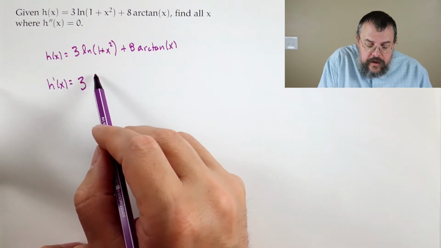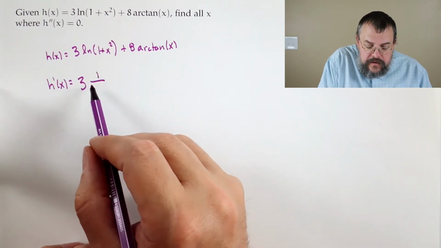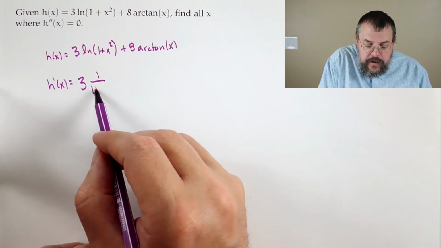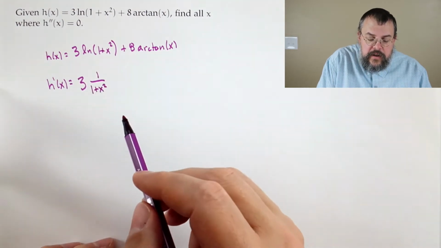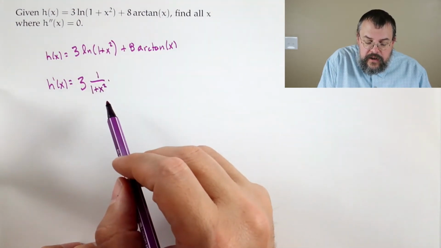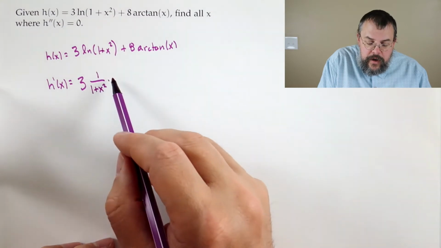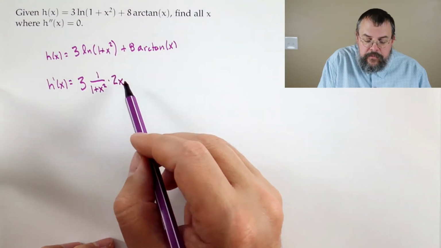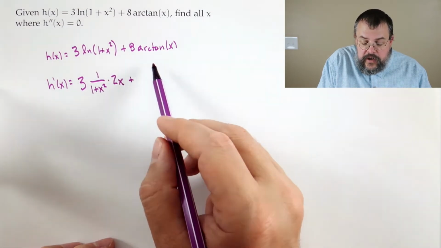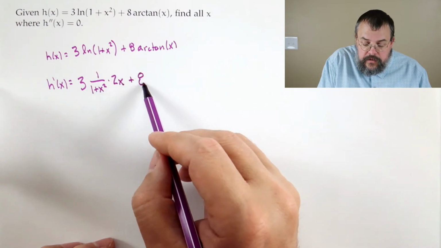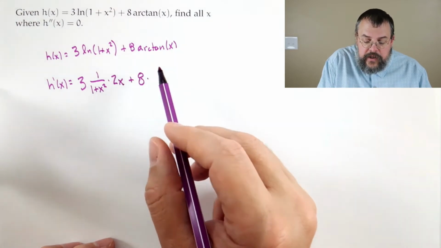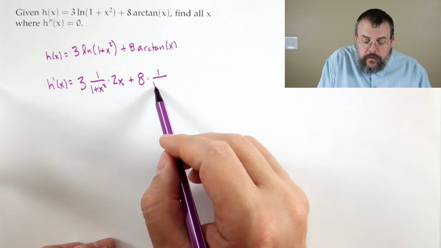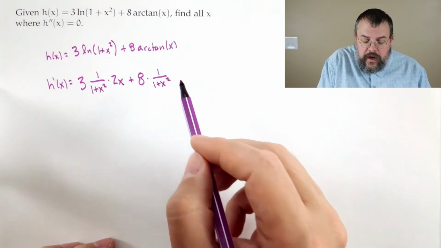So the rule is, whenever you have a natural log, 1 over the inside, so 1 over 1 plus x squared, times the derivative of the inside. Well, the derivative of 1 plus x squared, 2x. And arctangent of x, well, that's what we just learned. Derivative of arctangent of x, 1 over 1 plus x squared.